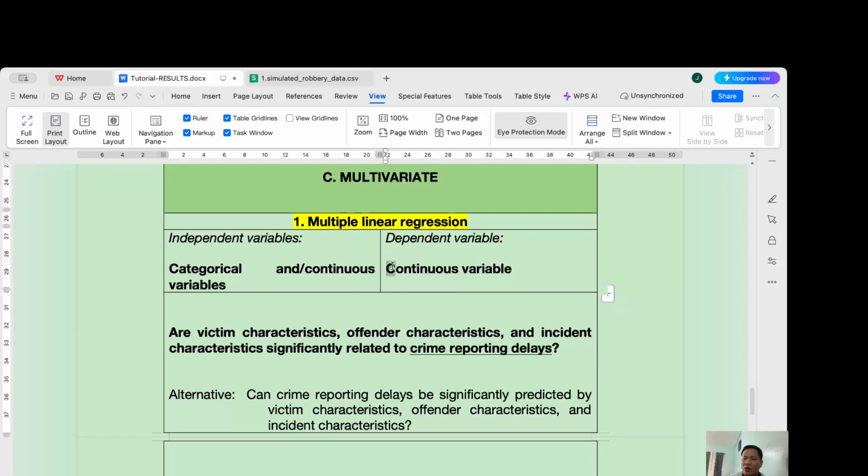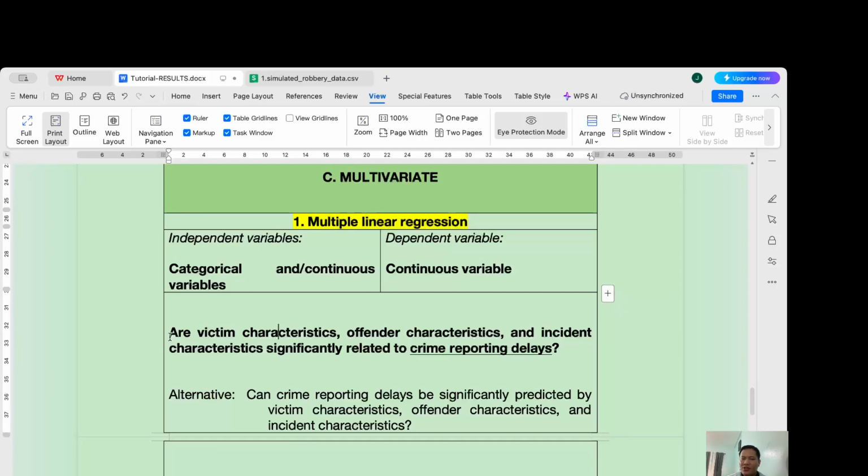But there is only one dependent variable here for multiple linear regression, and that is a continuous variable, and the independent variables are mixed. So if the dependent variable is continuous, use multiple linear regression, as long as the different assumptions in statistics are met with regard to multiple linear regression.